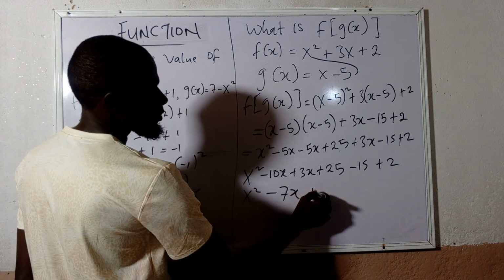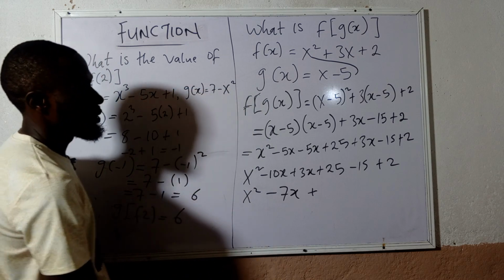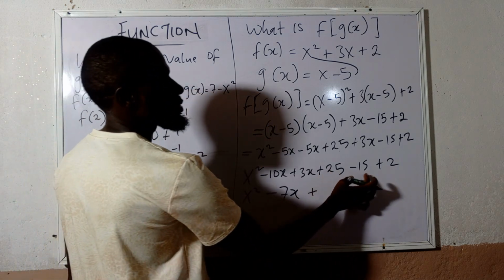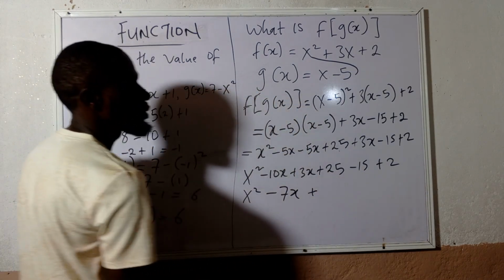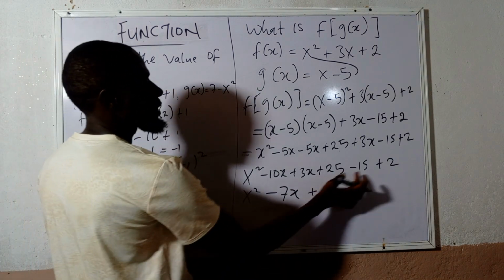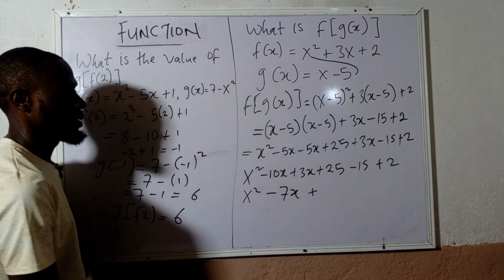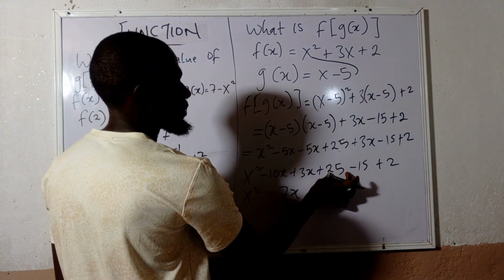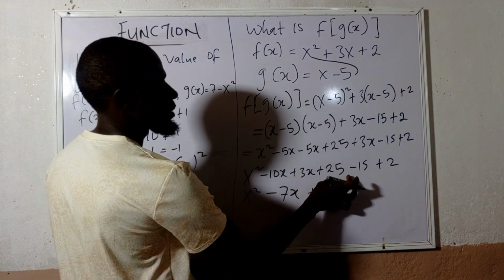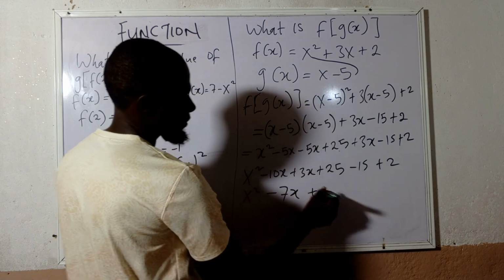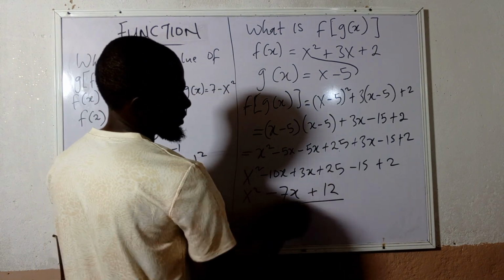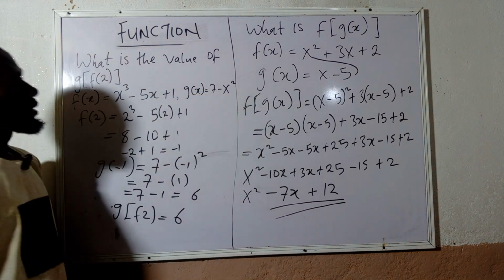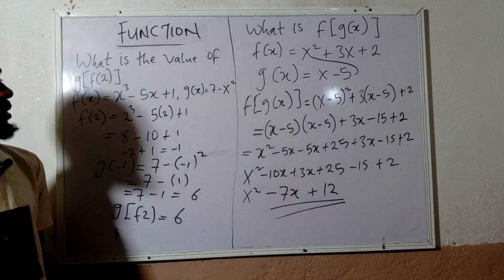Then you will get plus 25 minus 15 plus 2. 25 minus 15 is 10. 10 plus 2 is 12. That is the final answer.